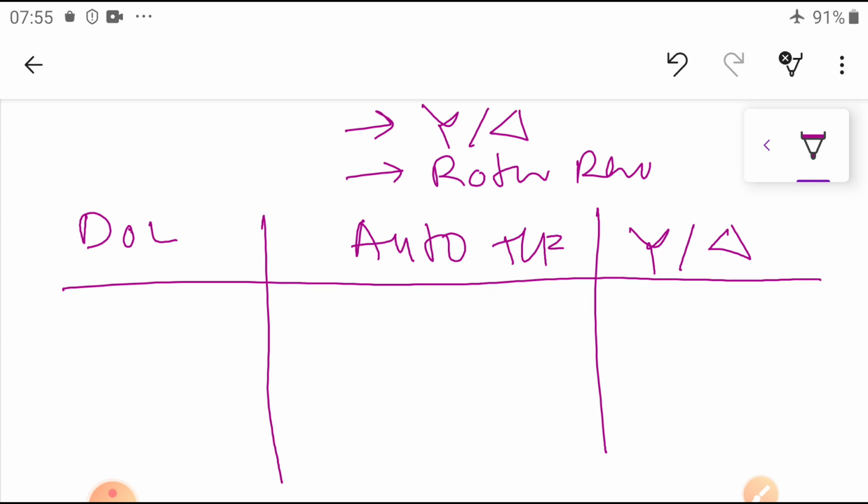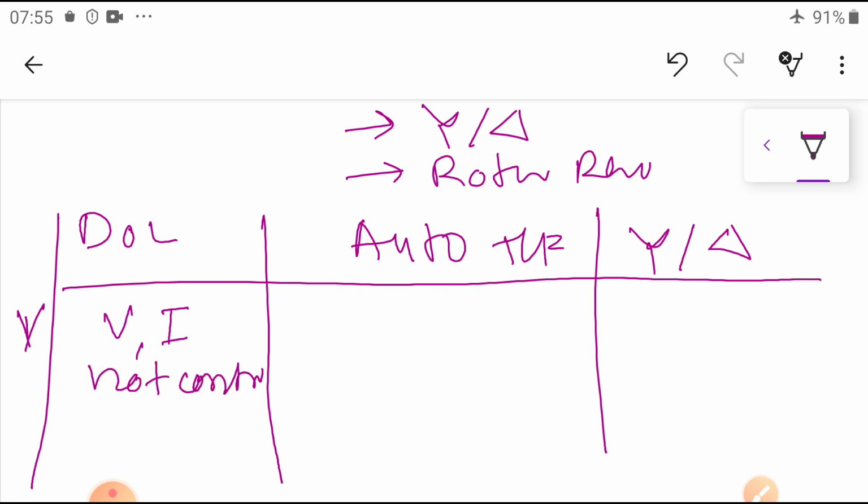Point 1, regarding the voltage: in the DOL starter, full voltage is applied to the motor at the time of starting. There is no voltage control here, and the current is not controlled. But we know that overload relay and no voltage, low voltage protection is provided.